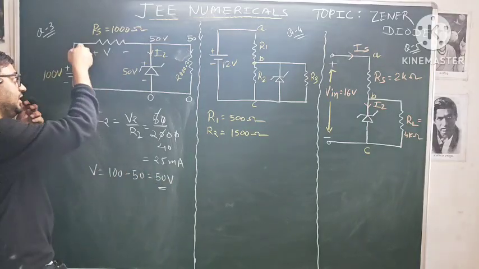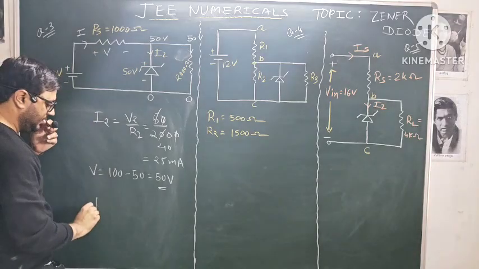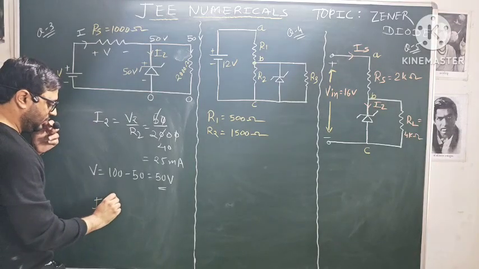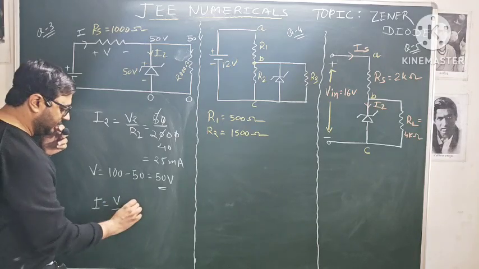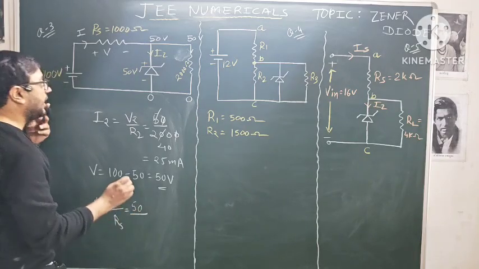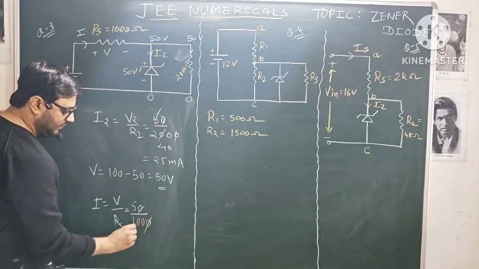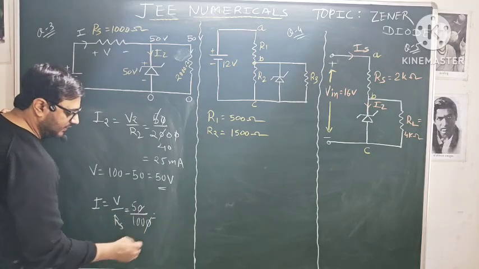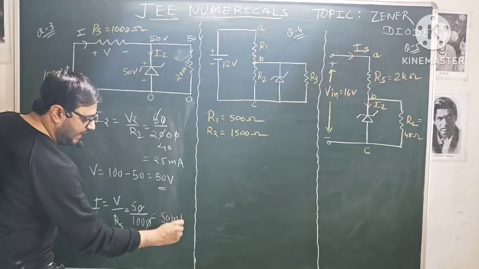Now we need to find out the current which is passing through this resistor, suppose I. So I is equal to V upon RS. Now V is 50 volt and RS is 1000. So the zeros cancel out, and the answer is 0.05, meaning 50 milliampere.